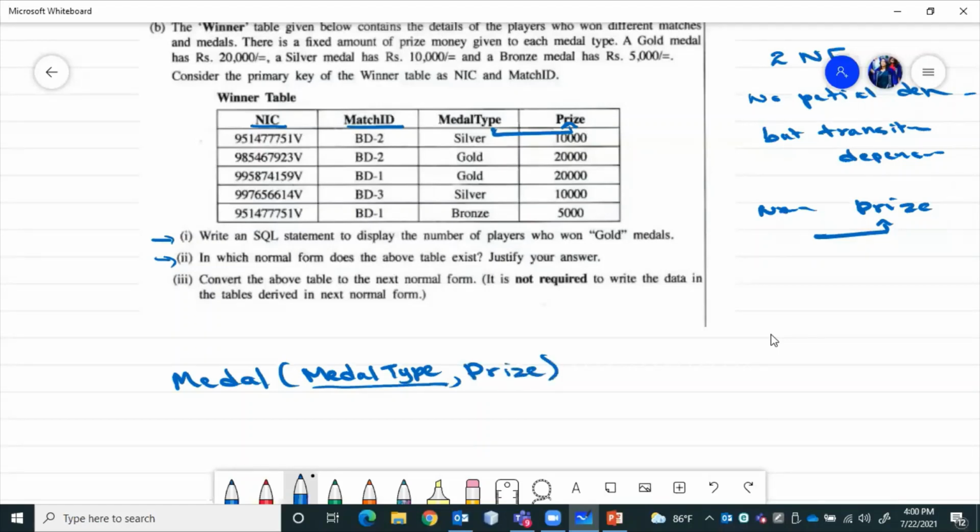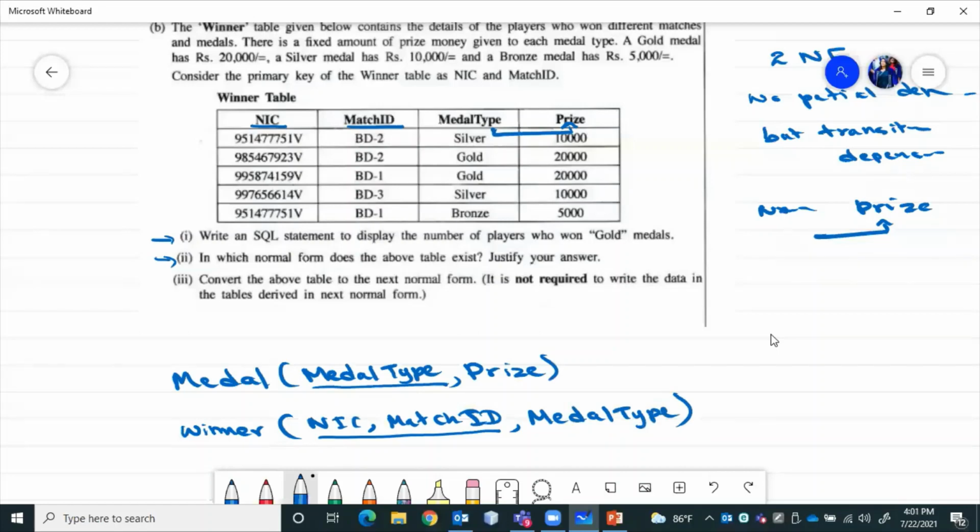Then we have the winner table with NIC and match ID as the primary keys, and we take the medal type as the foreign key. Now the relation is in the third normal form.